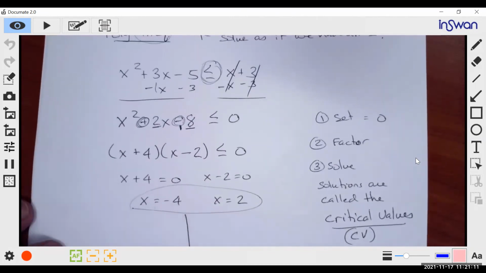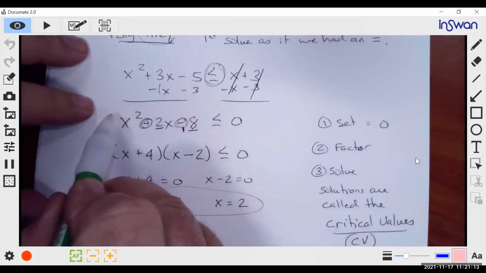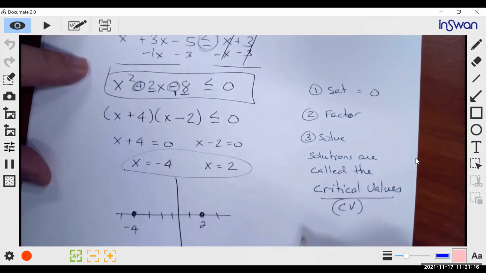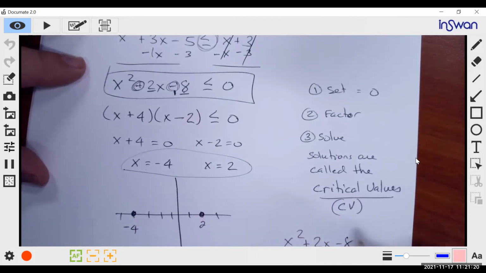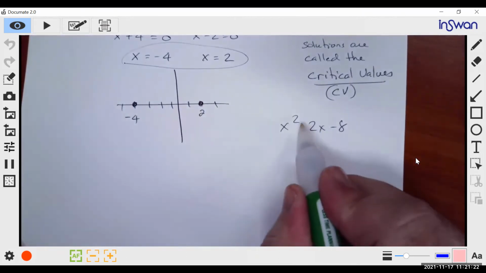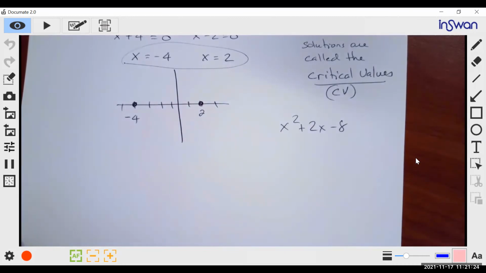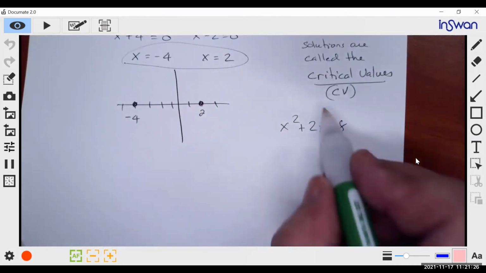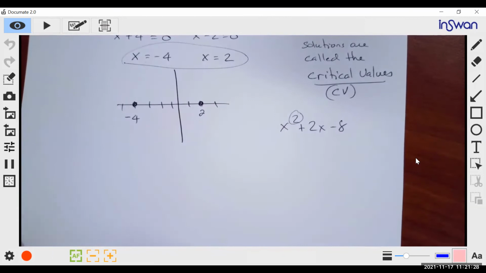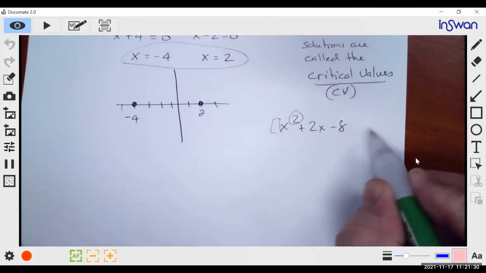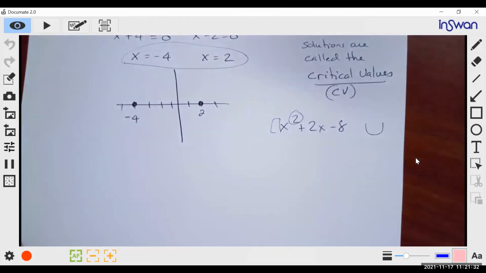Now, from earlier, looking at this equation here, we know the equation is x squared plus 2x minus 8. What do we know by looking at this equation? The degree is 2, and it's positive, so we know the graph's going to look like this.